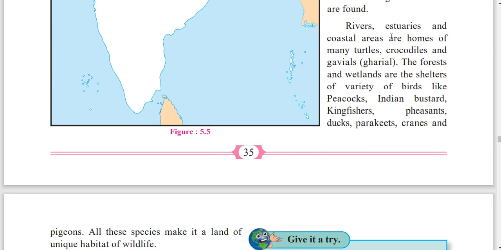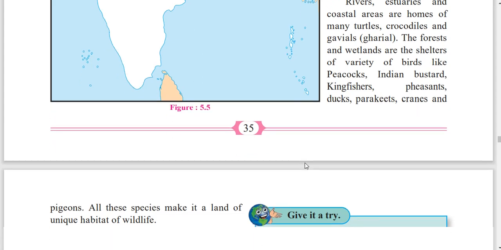Rivers, estuaries, and coastal areas are homes of many turtles, crocodiles, and gharials. The forest and wastelands are the shelters of a variety of birds like peacock, Indian bustard, kingfishers, pheasants, ducks, parakeets, cranes, and pigeons.